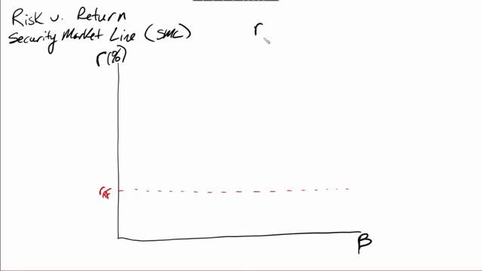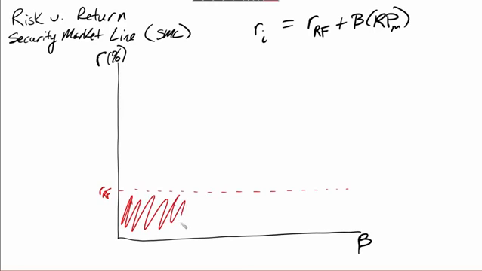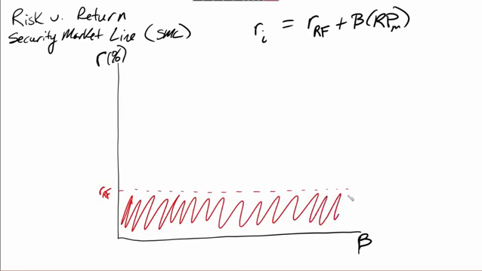I just want to make sure we're on the same page: we're looking at the return on the risk-free rate plus beta times the market risk premium. The intercept here is our risk-free rate. Then we're going to have an upward sloping line that looks something like this, and we will put a couple of points on here.